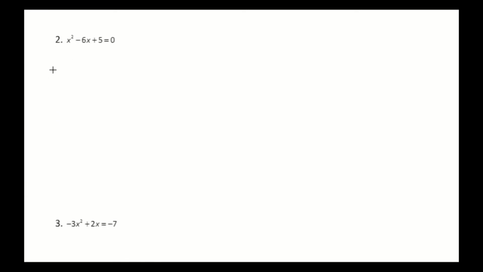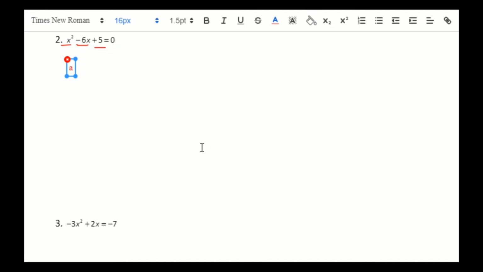Now be careful. I've noticed on the past few assignments that students are incorrectly identifying the coefficient when a number is not visible. So like, look at this first term, x squared. If you don't see a number in front of there, then that parameter is going to be 1, okay? Because 1 times x squared is x squared.